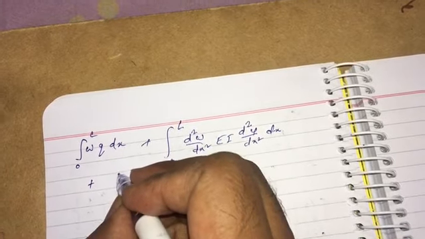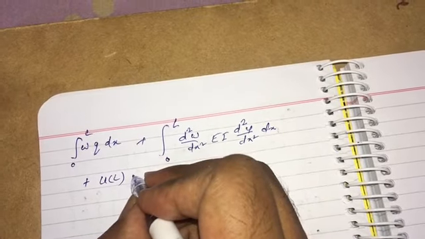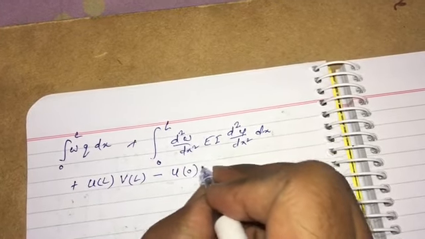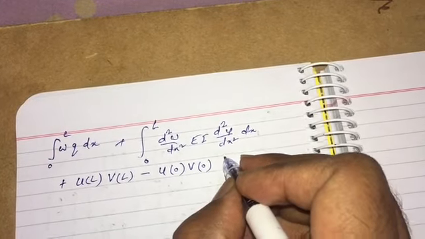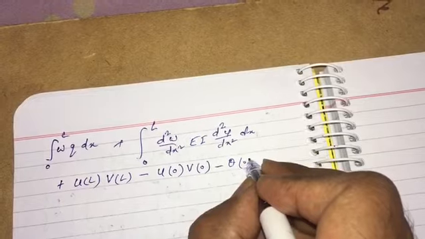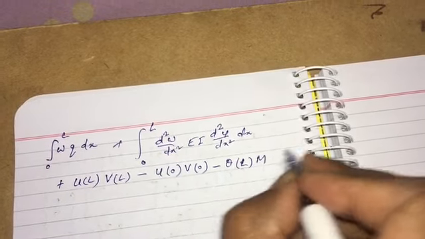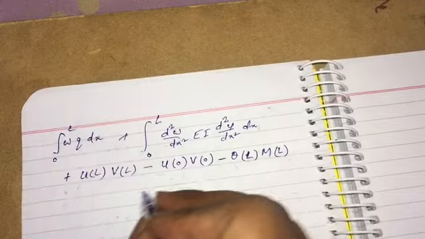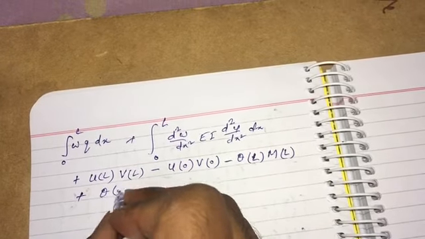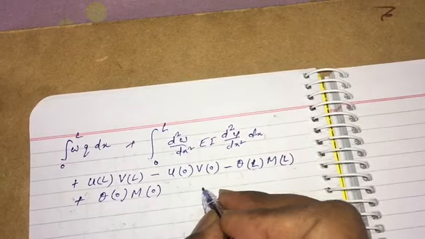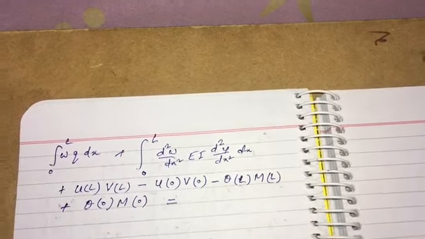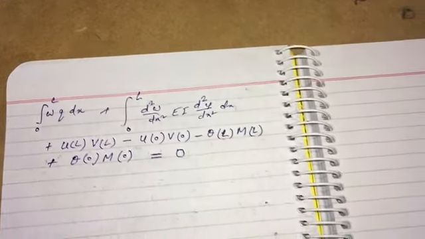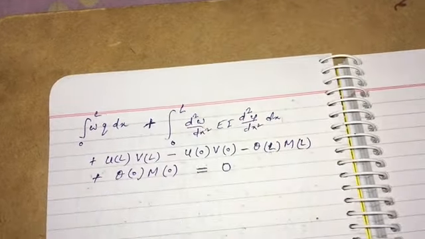So plus we have u L, then v L, minus u0 v0, then we have minus theta L times moment m at L plus theta 0 and m 0, that is equal to 0. Okay, this is a plus here.